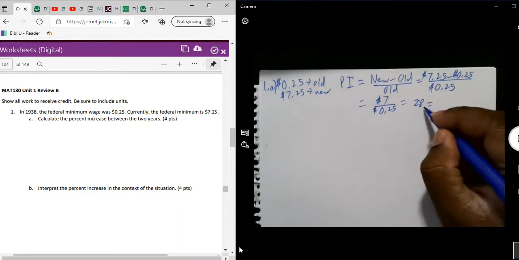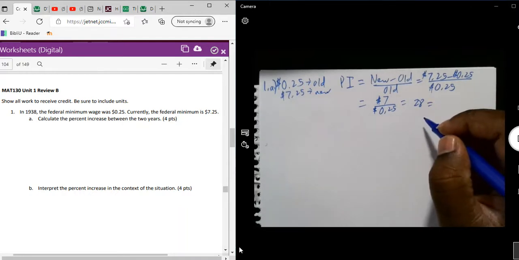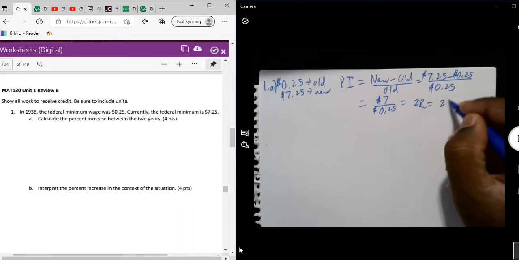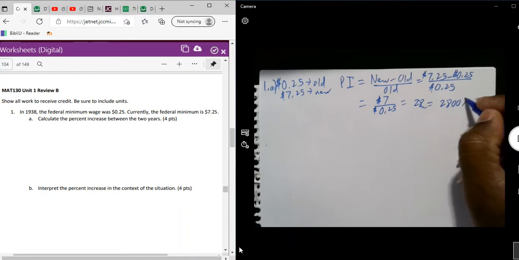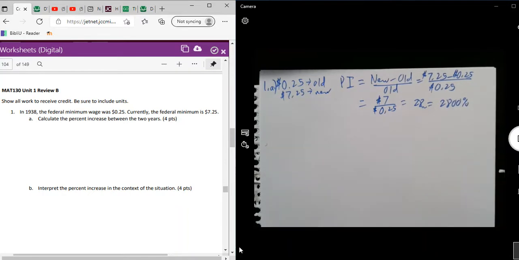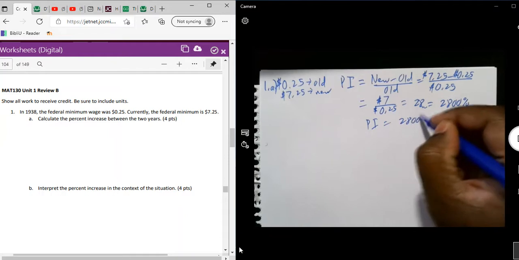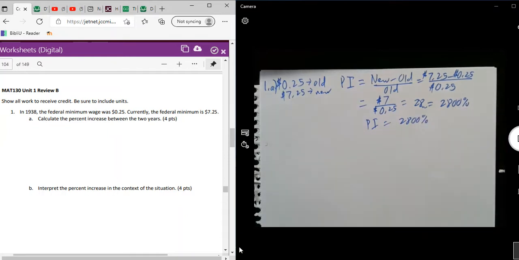That means we have to move the decimal 2 places to the right and put a percent sign behind it. Moving it 2 places gives us 2,800%. So the percent increase is 2,800%.